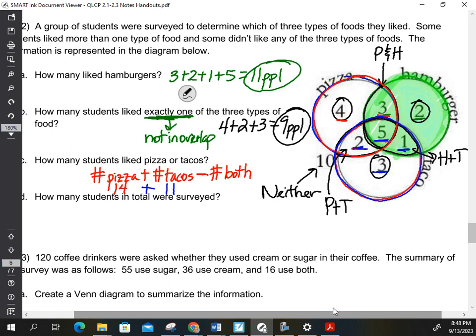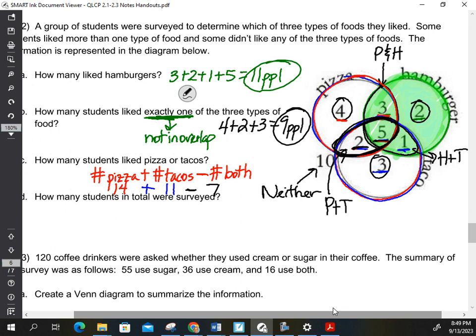Now you want to take out those that were double counted. In other words, they like both. So here's that part that like both. 2 and 5. So you add the 2 individually and you subtract the ones that are in both.